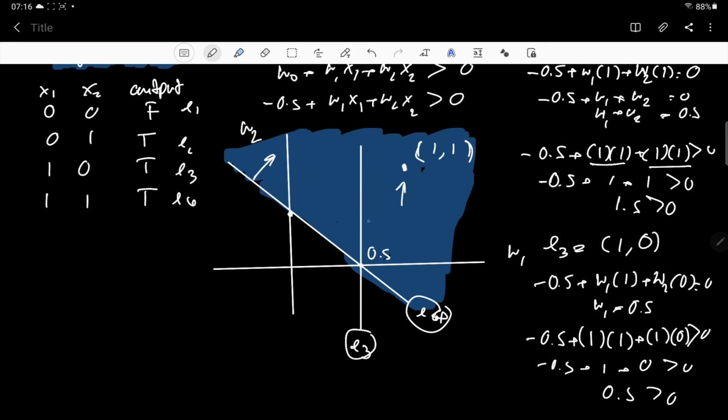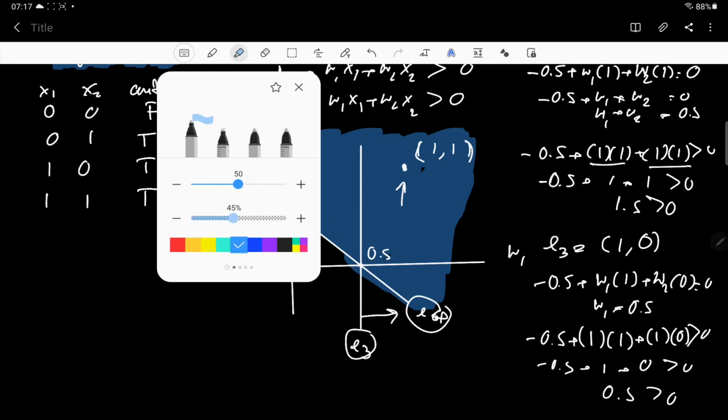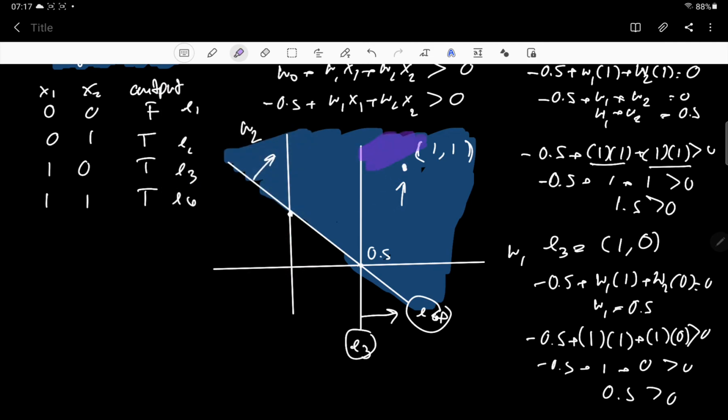So guys, this part on this side will classify our example to be positive, right? And we need this example to be positive too. So we need this area to be usable. So 1 1 still fine.